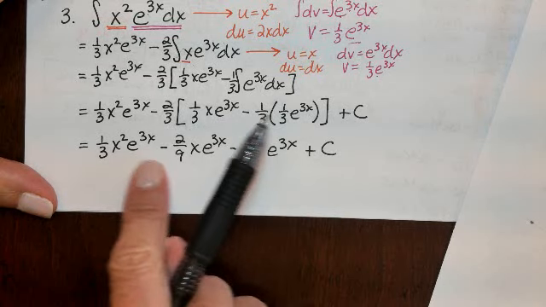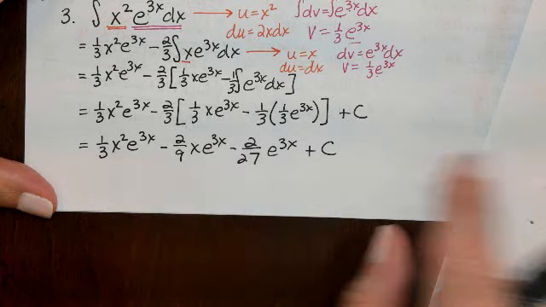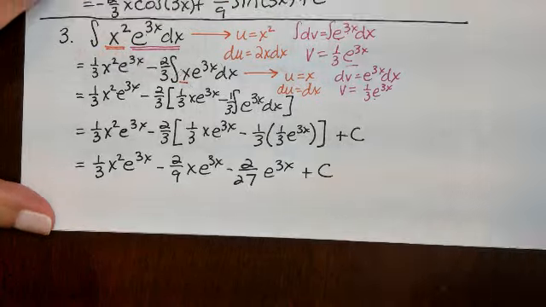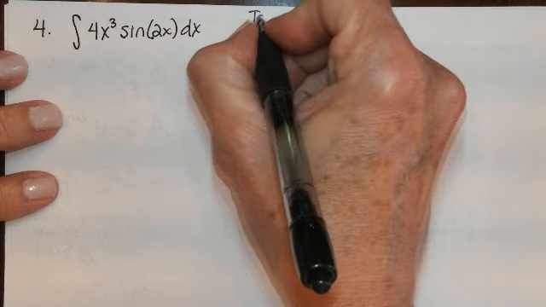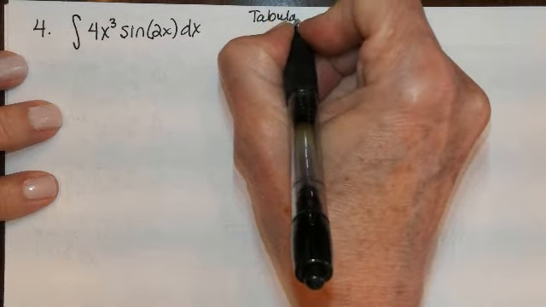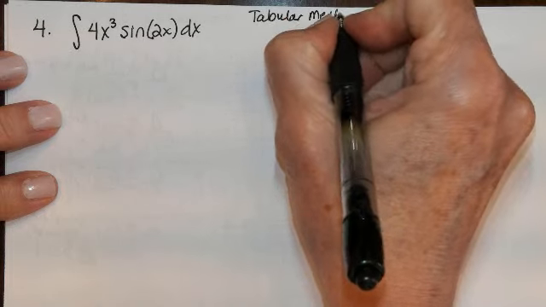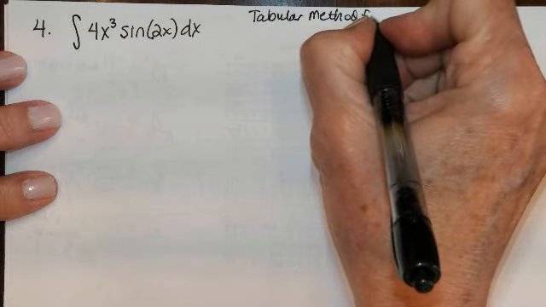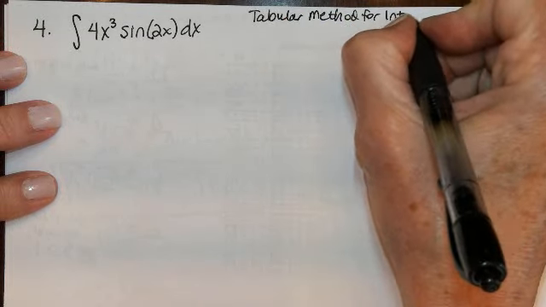There's definitely a pattern involved. So what we can do is use that pattern, and it just makes things a little bit shorter, okay? This is called the tabular method for integration by parts.